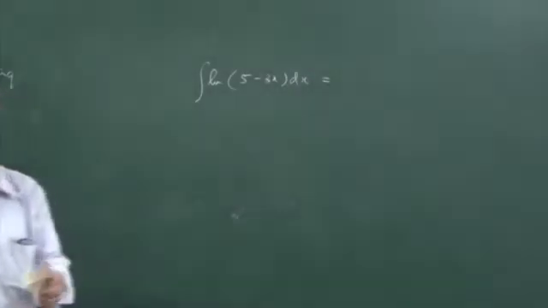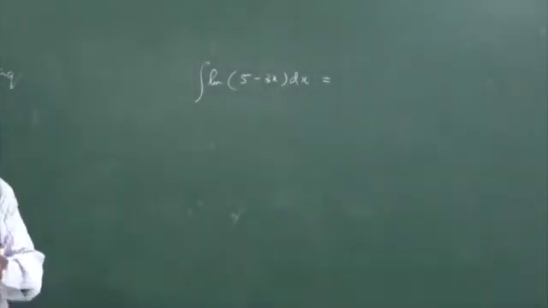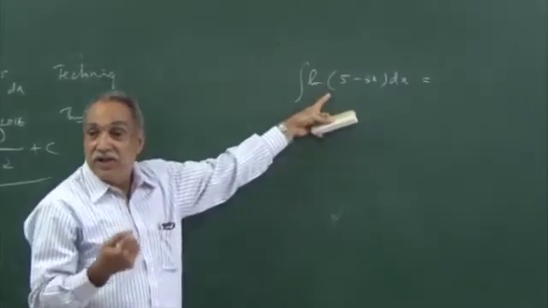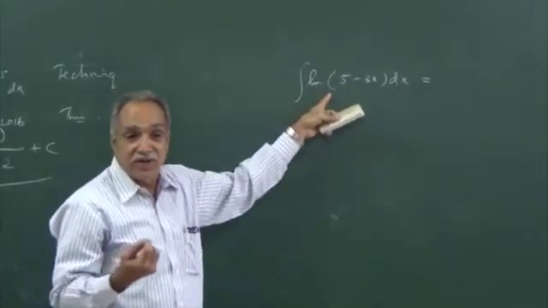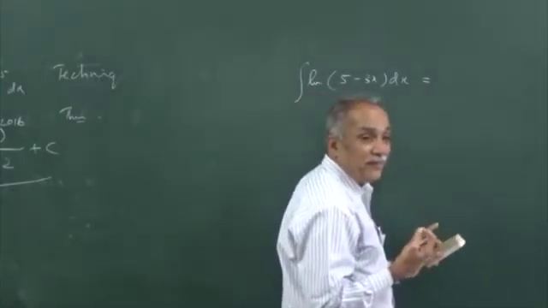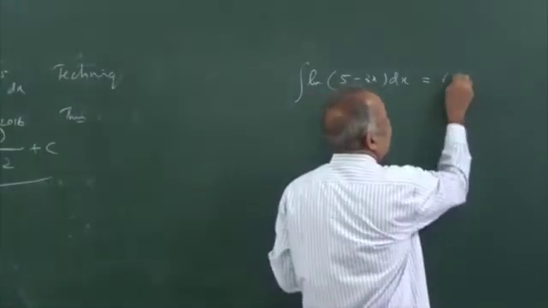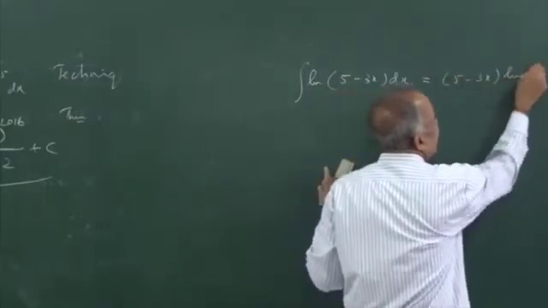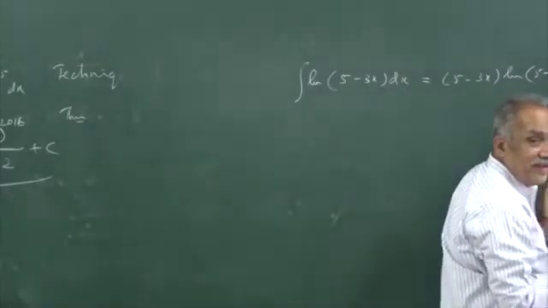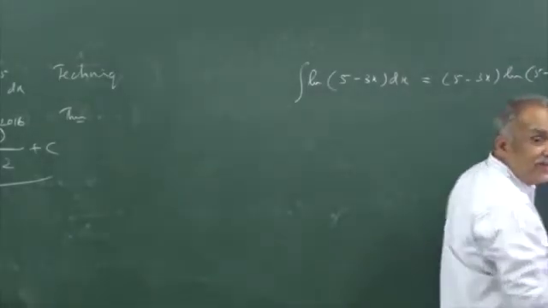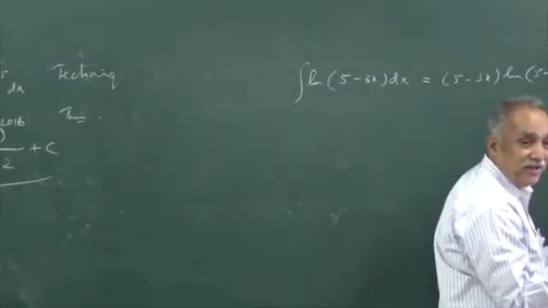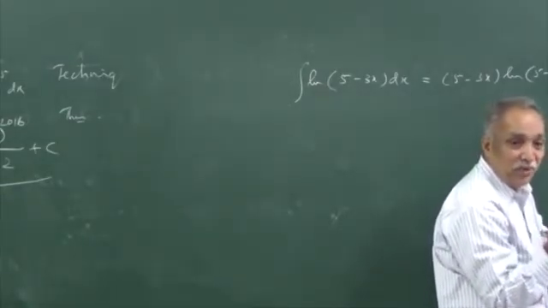For the function log x, I know the integral is x log x minus x. This function is obtained from log x by replacing x by a linear function. The theorem applies. My integral will be one by 3. I'll write it later, at the end. First, let me complete that standard form.